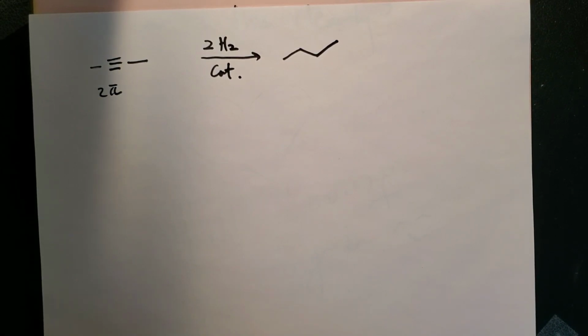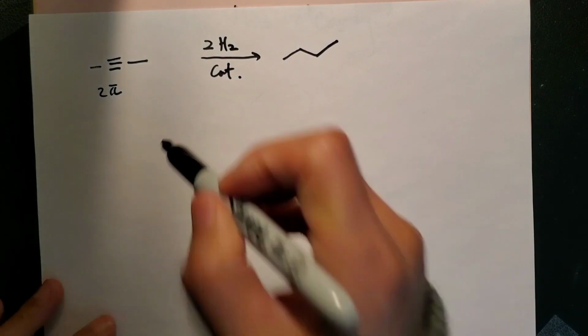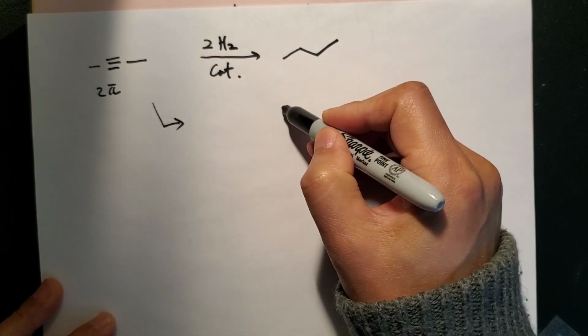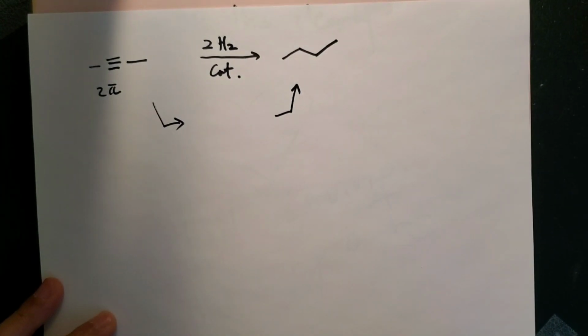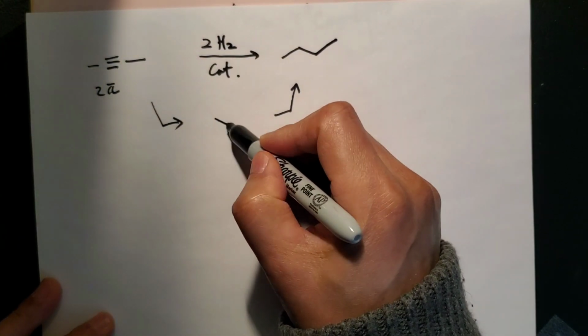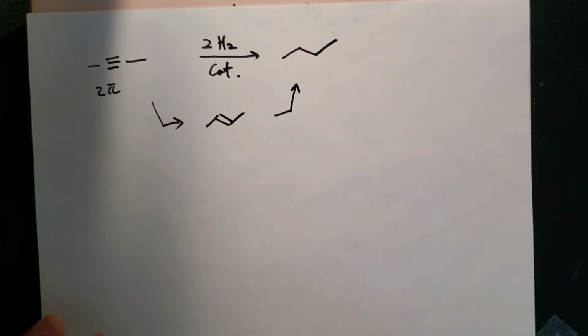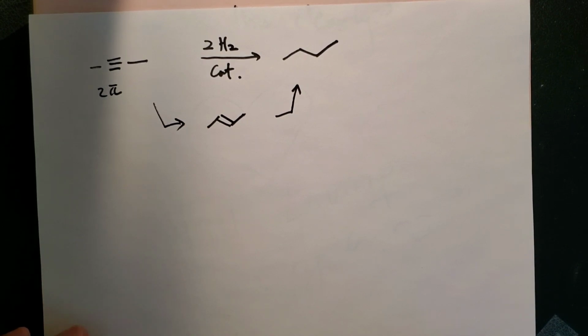Then you want to have some selectivity, chemoselectivity, like can we not go to the alkane but stop here in the alkene? Good question. Yes, we can.